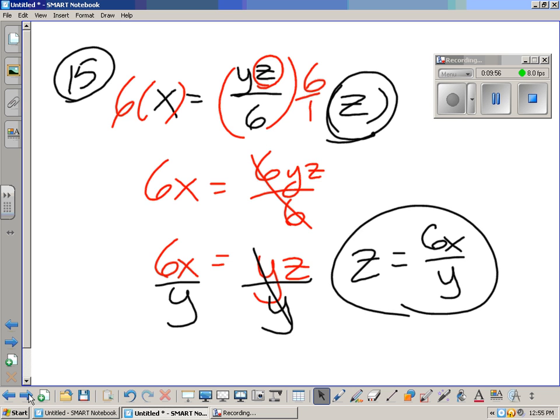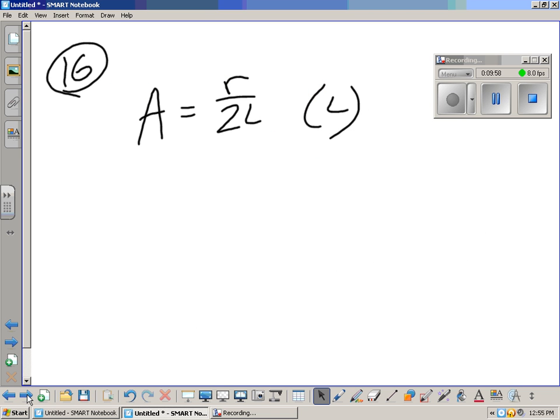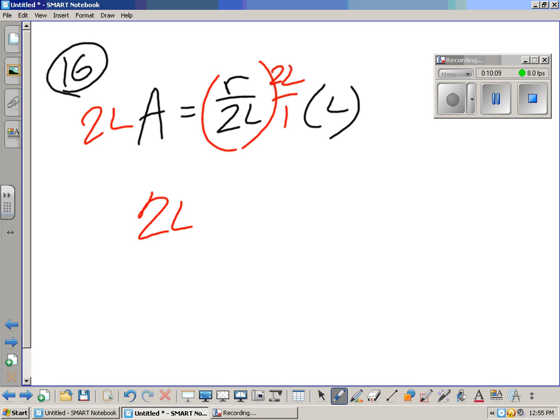Number 16, we're solving for L. So the first thing that I'm going to do here is multiply by 2L. So I get 2LA, that'd be the same as 2AL or LA2. The order there doesn't really matter.